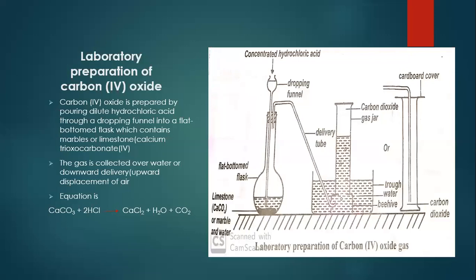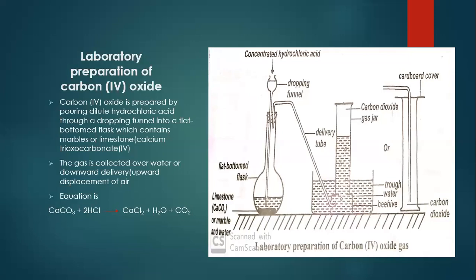Now, when this gas is collected into the gas jar, how do we test whether the gas is carbon dioxide or not? With the earlier one, the hydrogen gas, we used a glowing splint to confirm the presence of hydrogen gas, giving a pop sound.